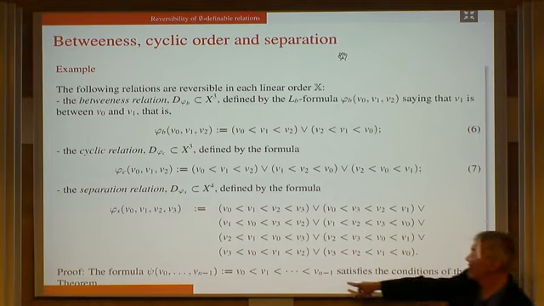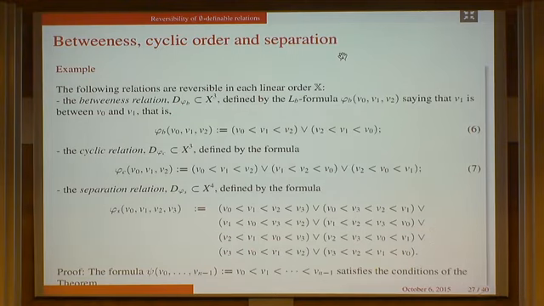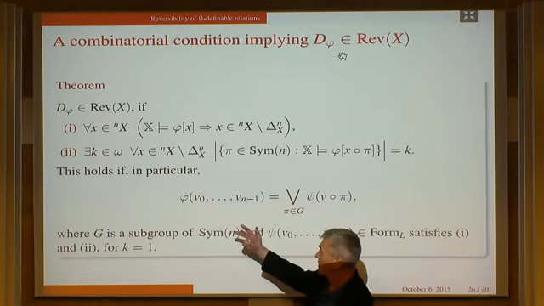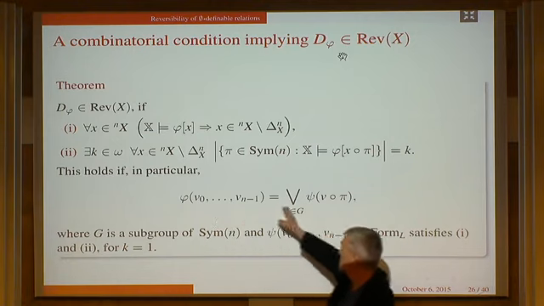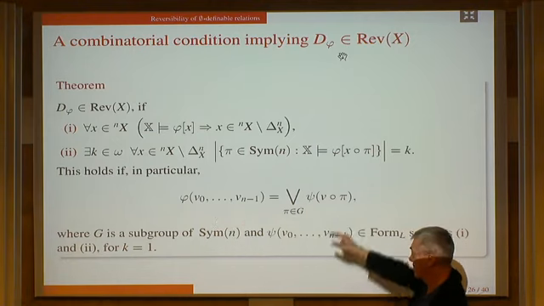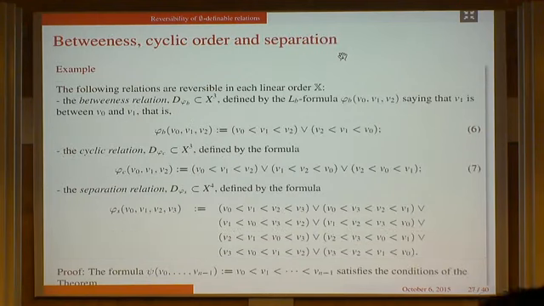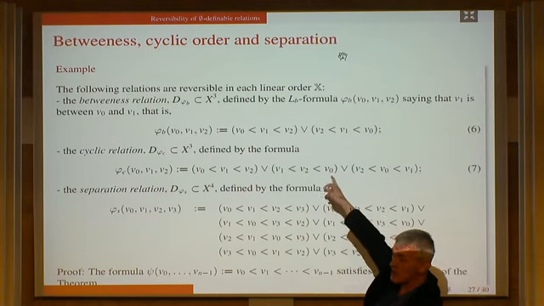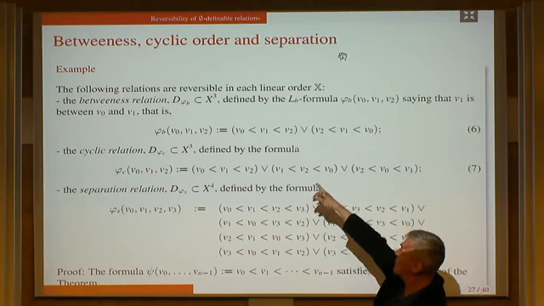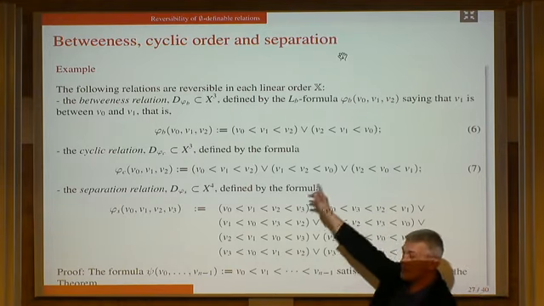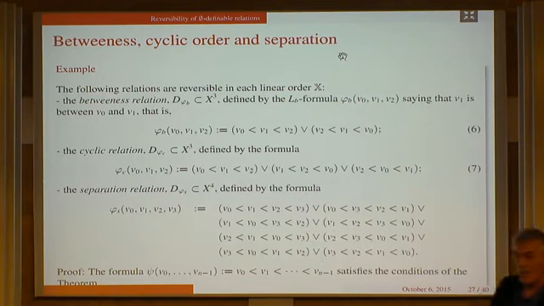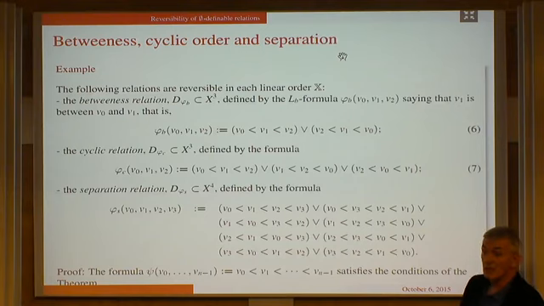The proof is simply, as you saw on the previous slide, that the definable relation will be reversible if the formula defining it is a disjunction of very special formulas. For these formulas, v0 less than v1 less than v2, there is only one permutation of these variables which is satisfied in the linear order.